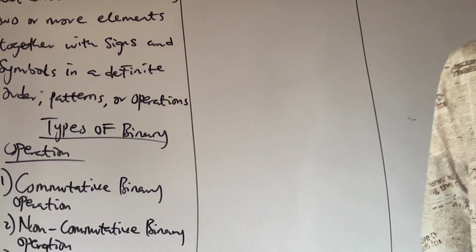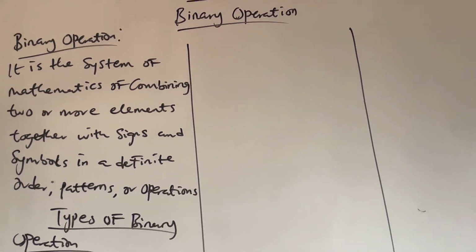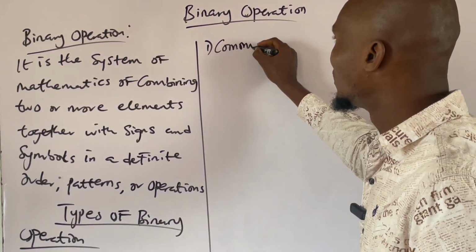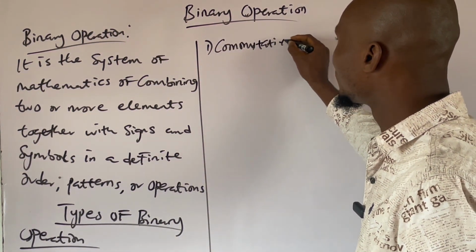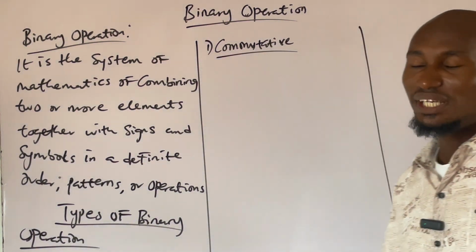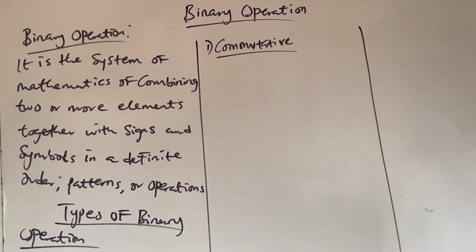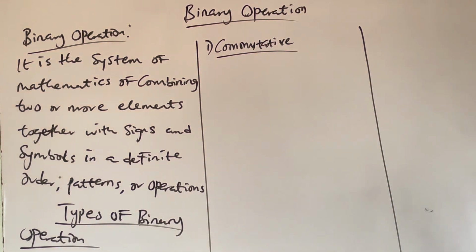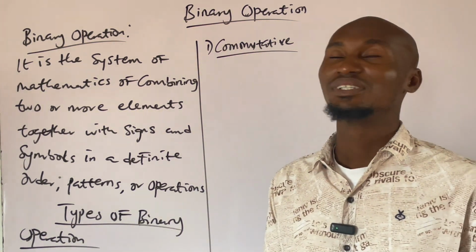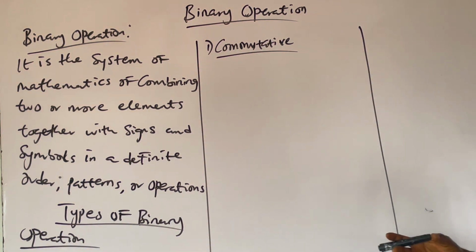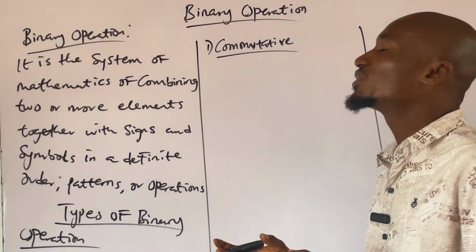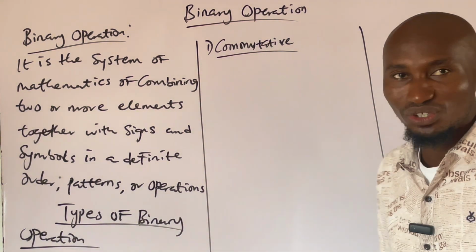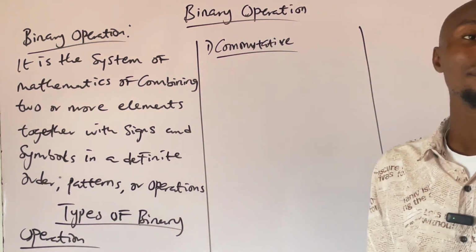Let me give you the details of this. Now, number one is commutative. What is commutative? Commutative is used when variables are combined with signs and you have the same result.